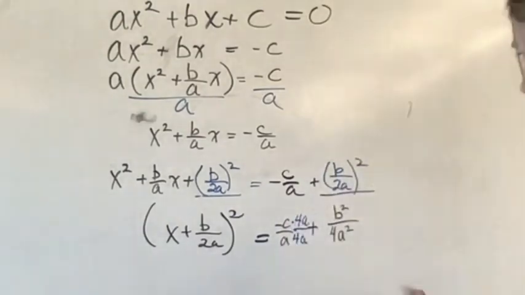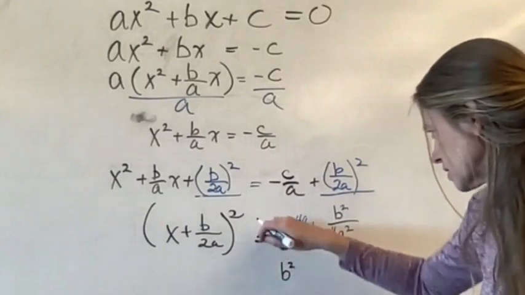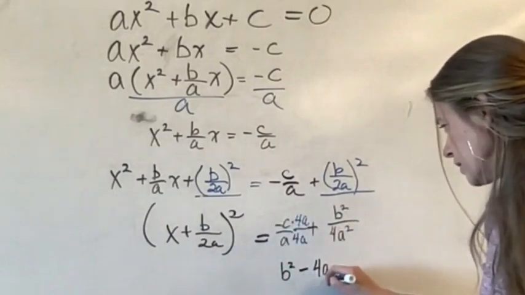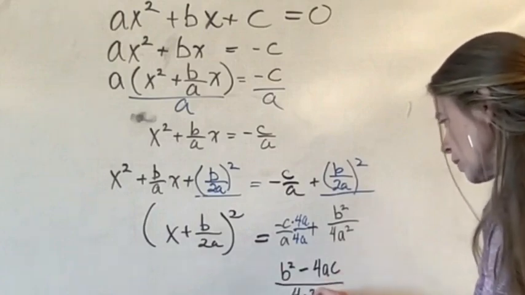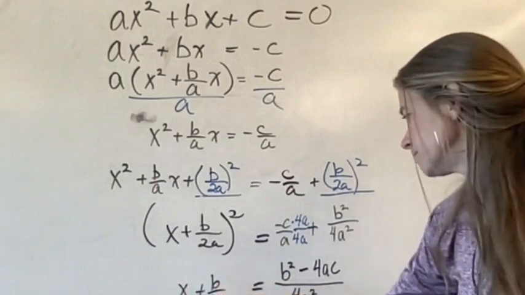Okay, let's put that here. So let's see. I have b squared. This is a negative. I'm going to put it in the back. Minus 4ac all over 4a squared equals this guy. Let's just rewrite him.